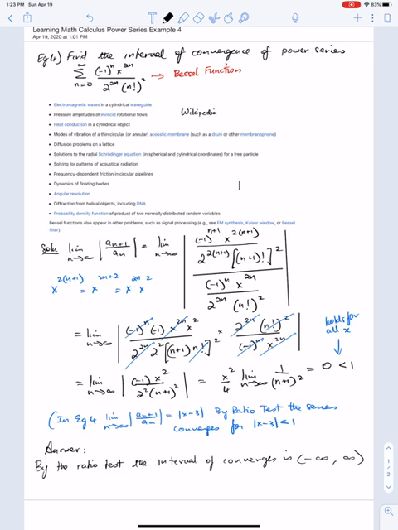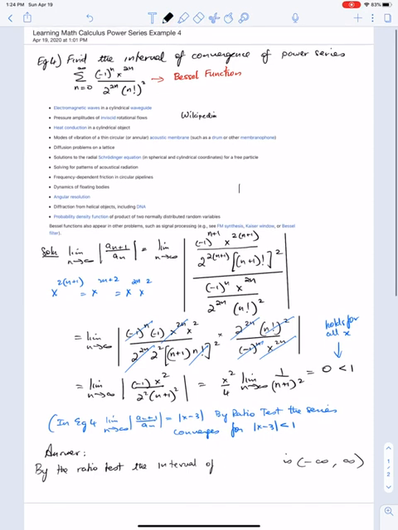And we get 0, which is always less than 1. So this series converges everywhere. The interval of convergence is minus infinity to infinity. Let me correct that spelling there. It's minus infinity to infinity. That's it.